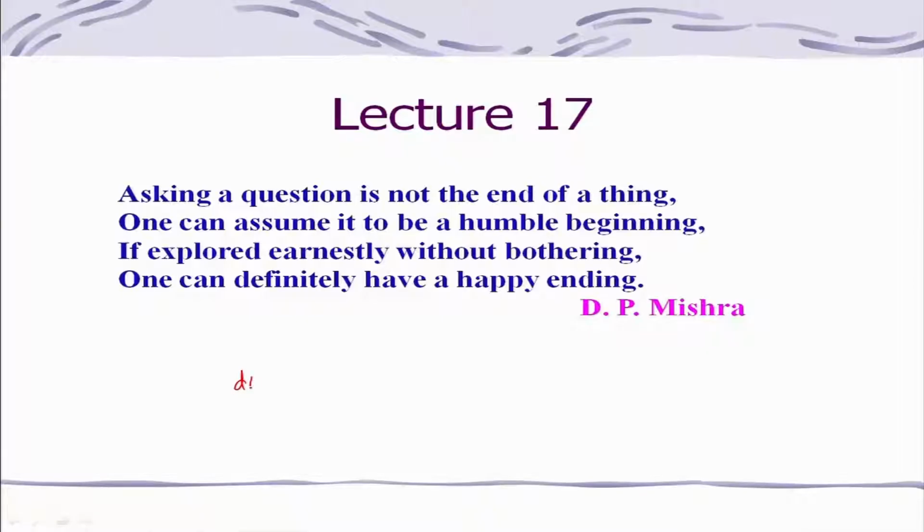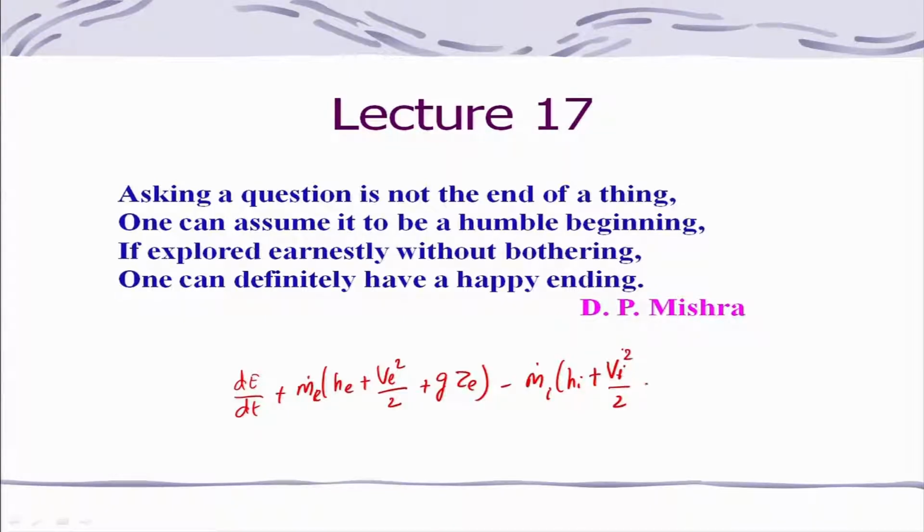If you recall the expression, it is dE/dt plus m dot e times (h_e plus V_e square by 2 plus g z_e) minus m dot i times (h_i plus V_i square by 2 plus g z_i) is equal to Q dot minus W dot.